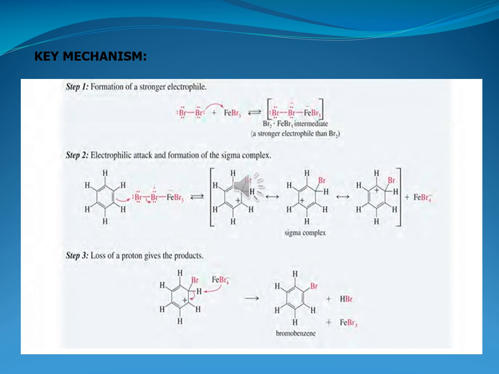The iron tetrabromide, which is a base, pulls off a proton from the hydrogen on the same carbon as the bromine. In the end, iron tribromide is not consumed by the reaction and is regenerated because it serves as our catalyst in the halogenation of benzene. In this way, we get the final substituted product, bromobenzene.